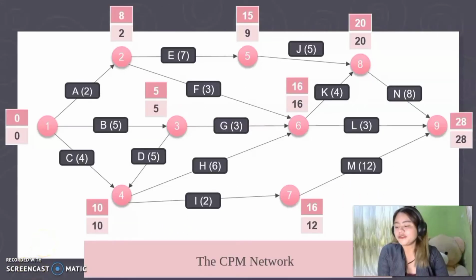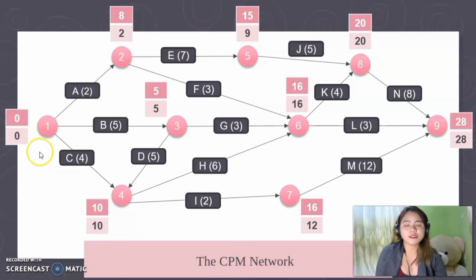In order to find the critical path, we need to have two squares, the lower square and the upper square. The lower square stands for the earliest start time, and the upper square stands for the latest completion time. As you can see, I have already computed the latest completion time and the earliest start time, but I am going to discuss how I computed them.